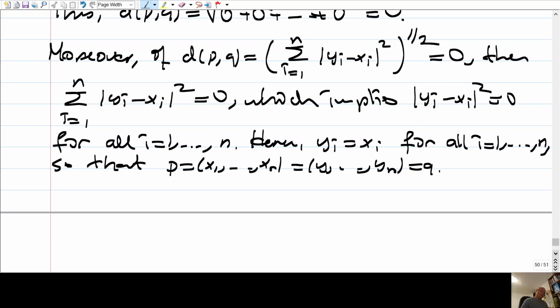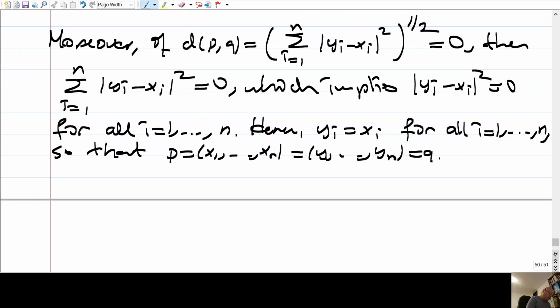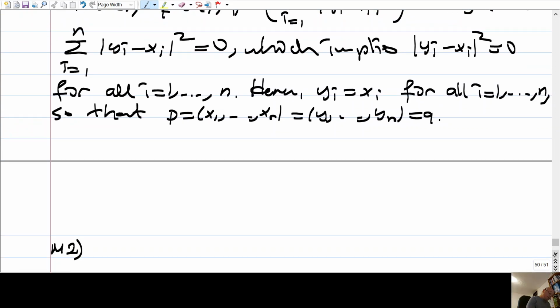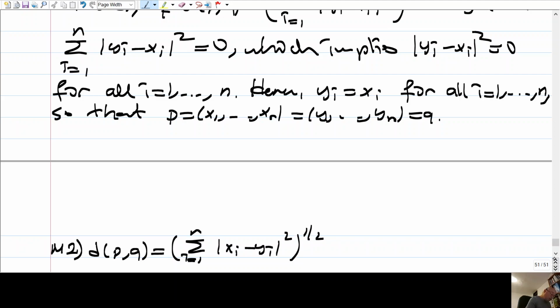Okay. The second property is the symmetry property, right? So d(x,y) equals d(y,x), that is, d(P,Q) equals d(Q,P). What is this? This is the sum i from 1 up to n of xi minus yi squared, and square root.